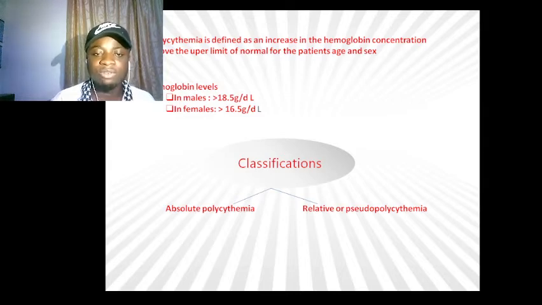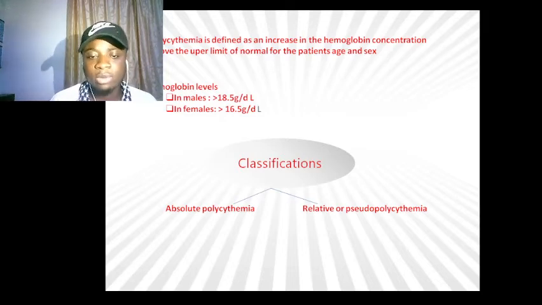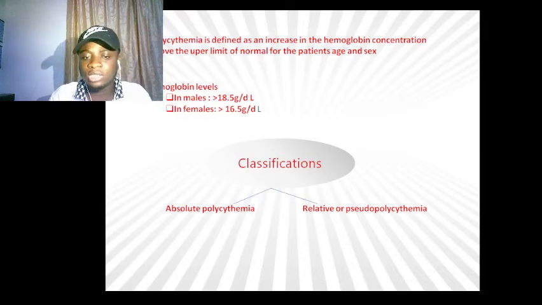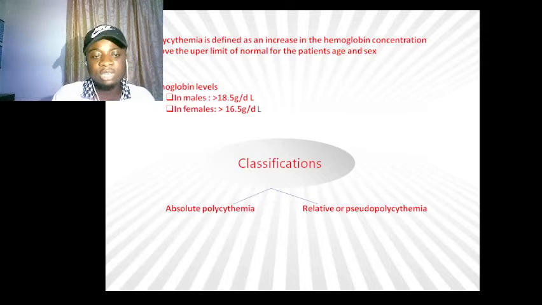Someone may ask, what does it mean to say a polycythemia is absolute, or relative or pseudo polycythemia? So I'm going to take my time to explain them one after the other, which is very important.